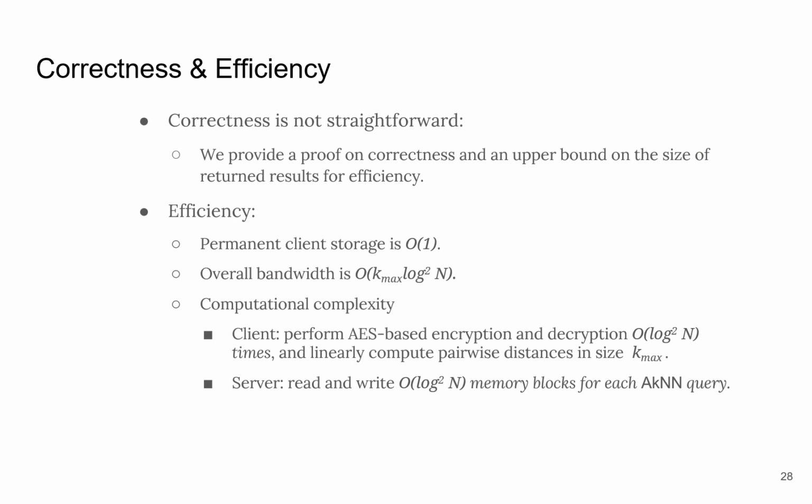Since we have the construction ready, we can now move to analyze the correctness and efficiency. The correctness part is not straightforward. We provide a proof on correctness and an upper bound on the size of returned results for efficiency. And you can find more details of our constructions regarding the efficiency aspect in our paper.